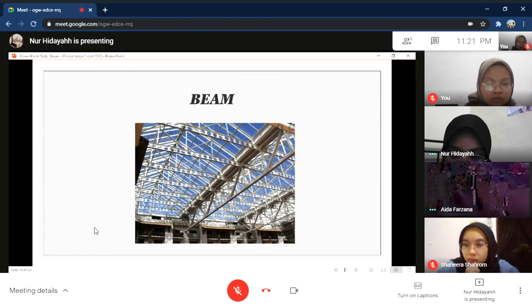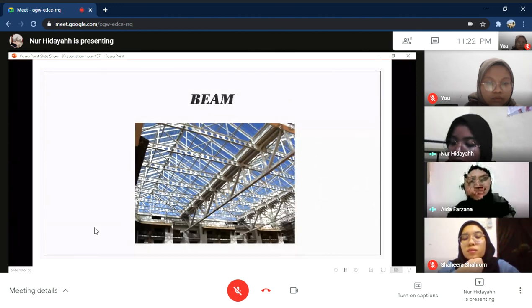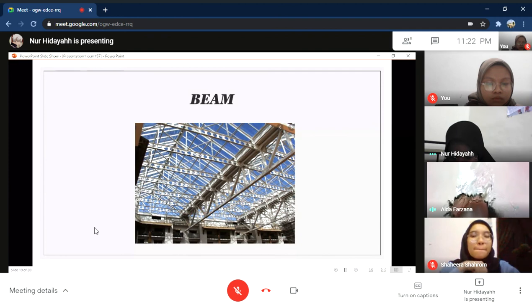So next is one of the issues on structural works, which is open design.